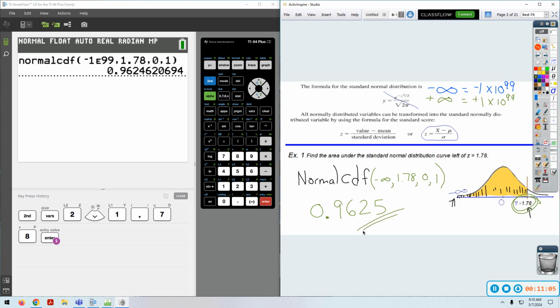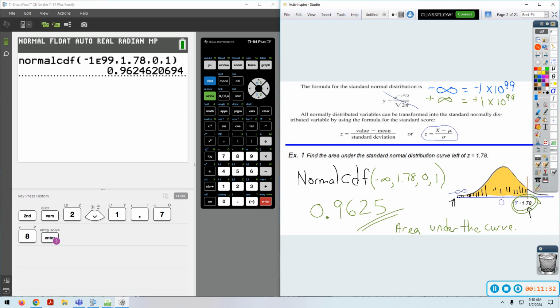This represents the area under the curve. And that covers you from negative infinity to the far left all the way up to the positive 1.78 z-score. And you're done.